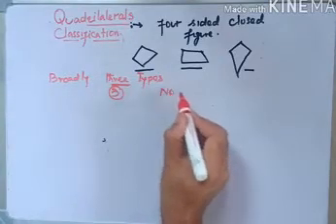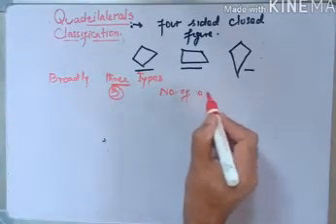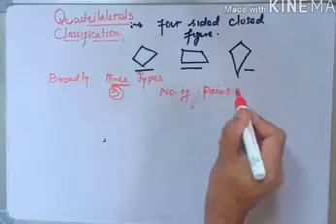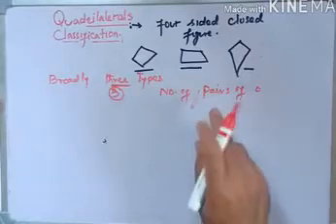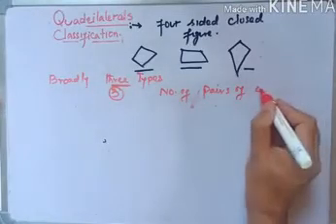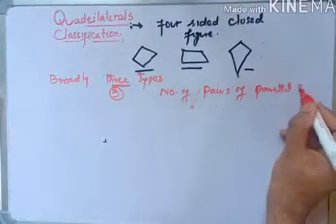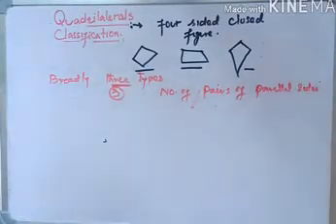Based on the number of pairs of opposite sides that are parallel. What does that mean? It means that these quadrilaterals are classified on the basis of their parallel sides.